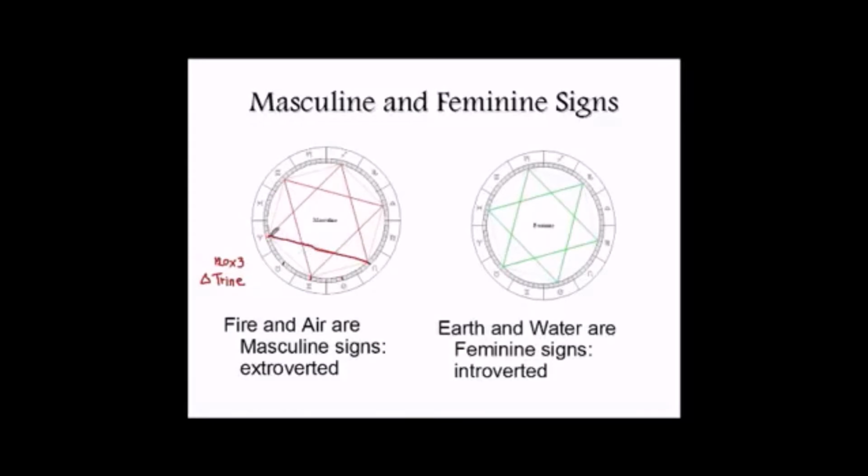Now, half of a trine is what you call a sextile. That's 60 times 6.